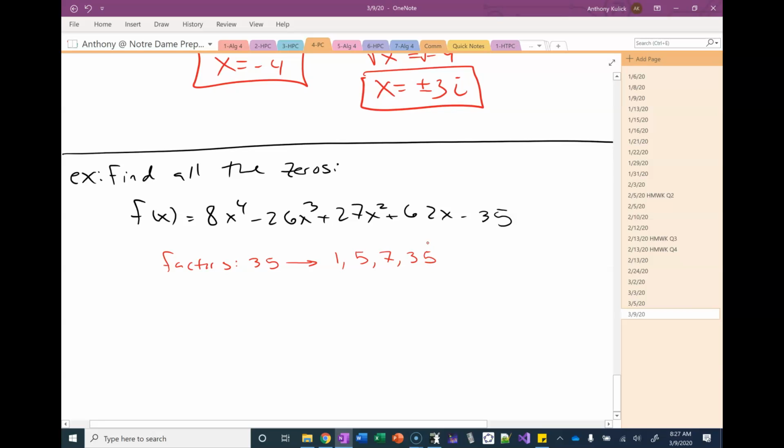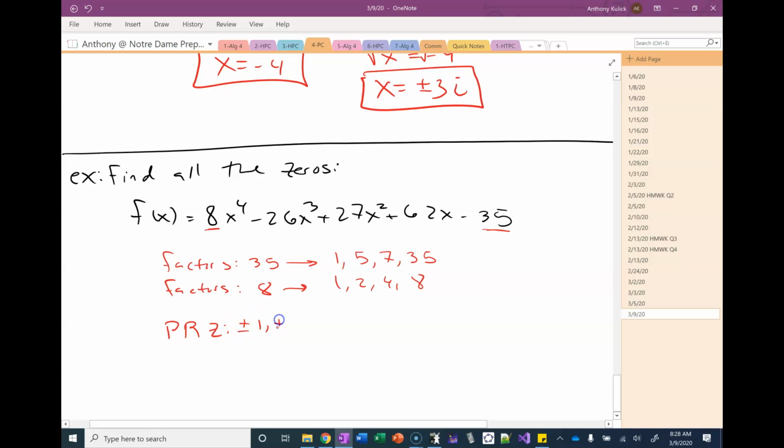What else do we need the factors of? The leading coefficient. What are the factors of 8? Okay. And then we'll use these to make our list of possible rational zeros.